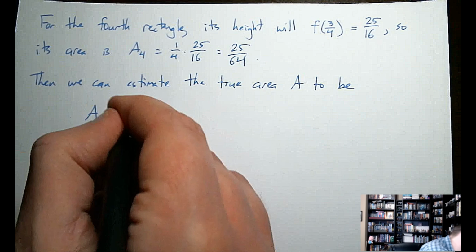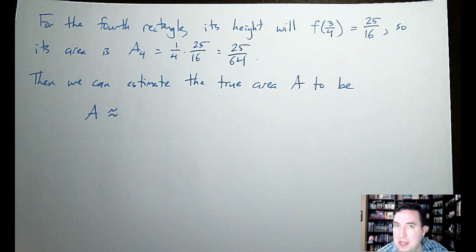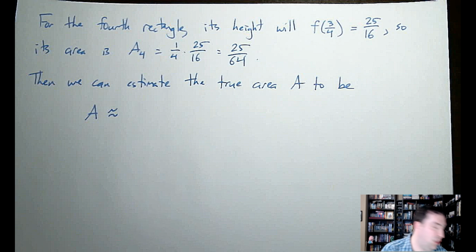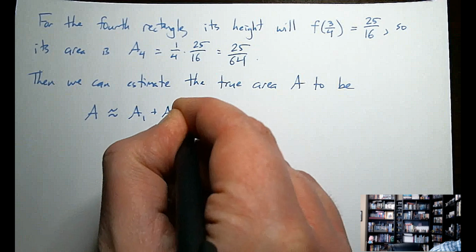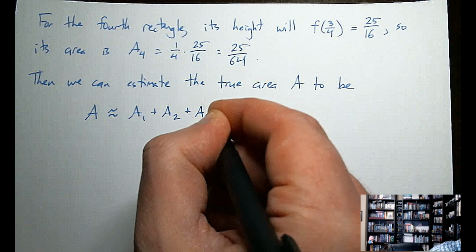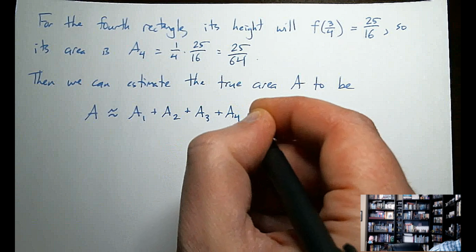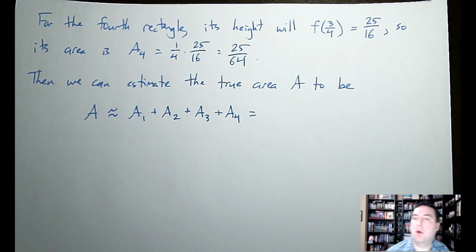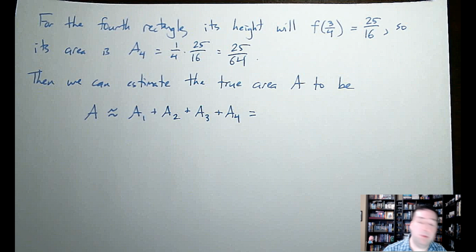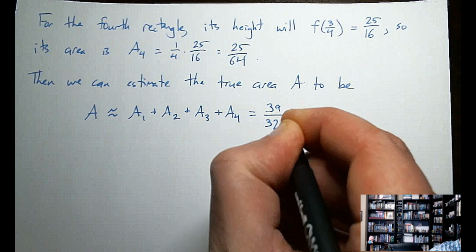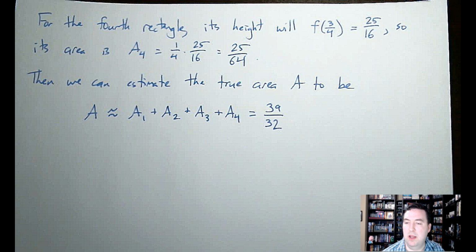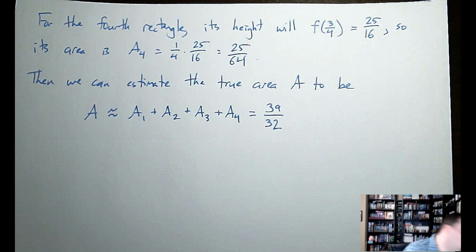So that's why I put the little wavy equal signs in there to show that this is an approximation. But it's going to be about the area A1 plus A2 plus A3 plus A4. And if you add all 4 of those together, you'll see that they add up to be 39/32. So a little bit bigger than 1. In fact, that's about equal to 1.22.